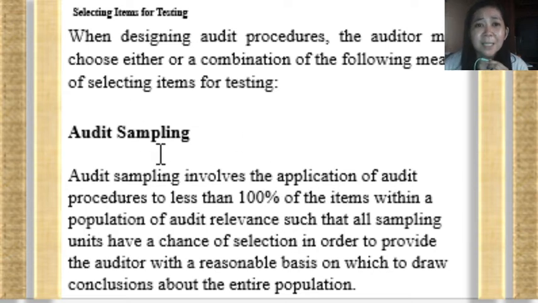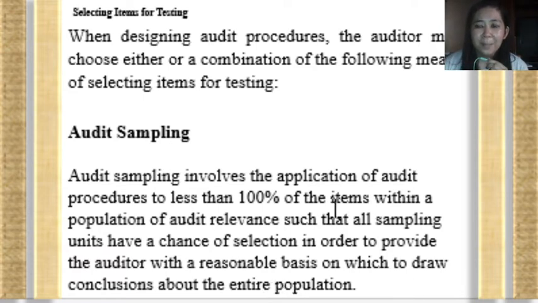Okay, so this is the third means of selecting items for testing. So audit sampling involves the application of audit procedure to less than 100% of items within a population, such that all sampling units have a chance of selection in order to provide the auditor with a reasonable basis on which to draw conclusions about the entire population.